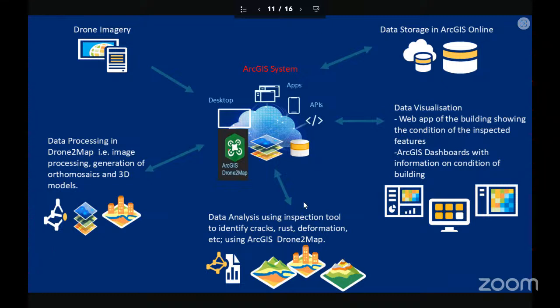After generating that, I performed analysis within the ArcGIS environment, which allowed me to generate inspection information about what I had seen, and to visualize that information for better understanding by the stakeholders. That information was then stored on the ArcGIS platform, where it can be accessed by the public or interested parties.